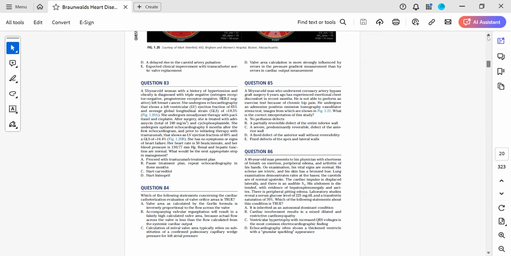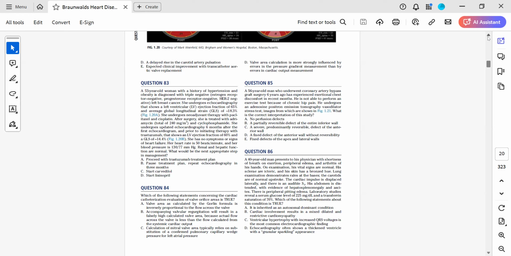So using this equation, we can see that area is actually directly proportional to the flow and not inversely as proposed by this first statement. So area is directly proportional to flow and inversely proportional to the velocity. So that makes this option A false.